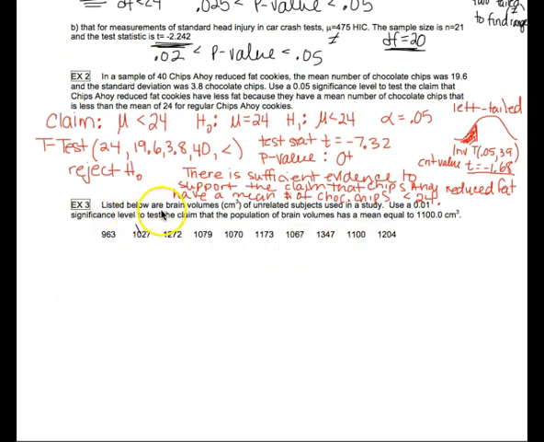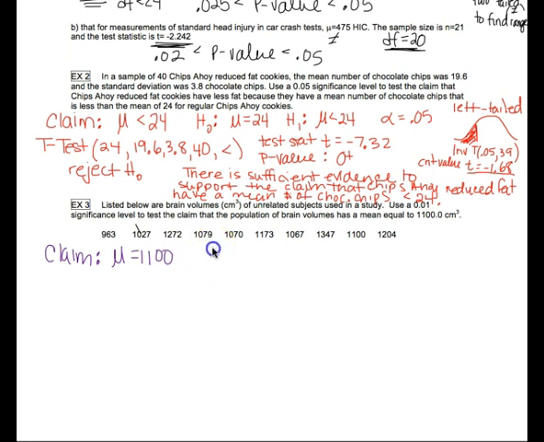So it says listed below are brain volumes in cubic centimeters of unrelated subjects used in a study. Use a 0.01 significance level to test the claim that the population of brain volumes has a mean equal to 1100 cubic centimeters. So this means that our claim, remember, be very careful to use the right variables, is that mean is equal to 1100.